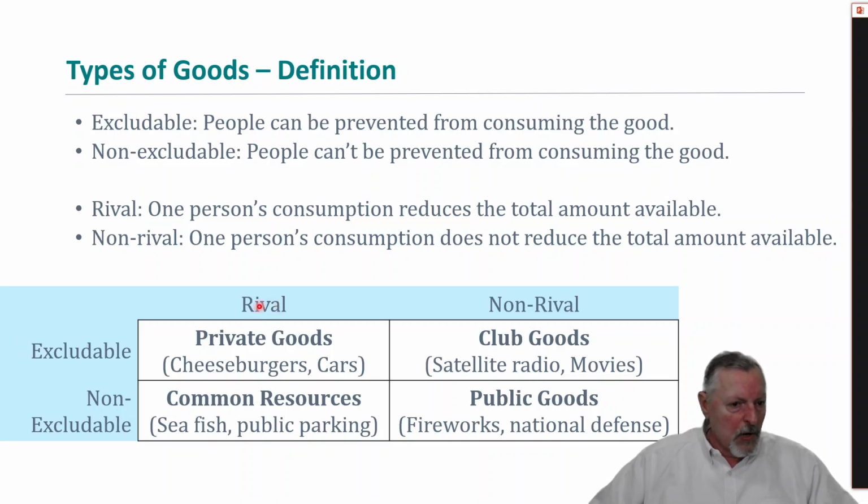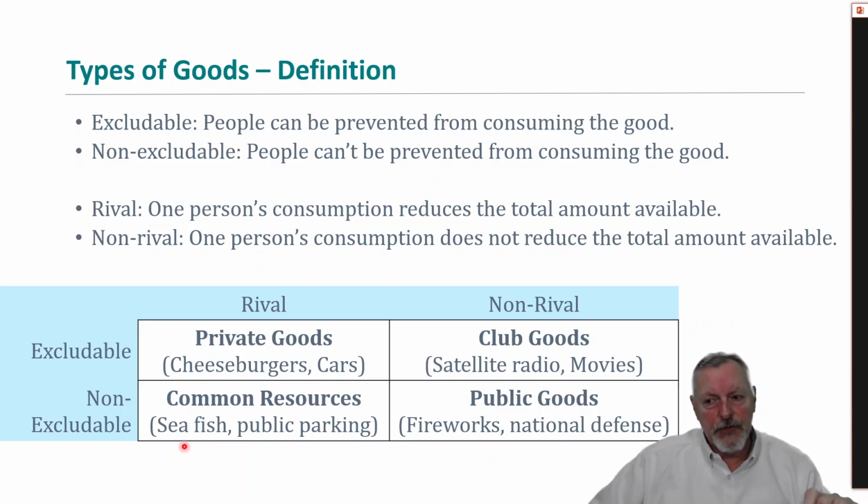Now, rival goods that are not excludable, we call common resources. I wrote here sea fish, because the word ocean wouldn't fit, to differentiate from fish in a lake. A person can own a lake. You can be prevented from fishing in a lake that is private property.